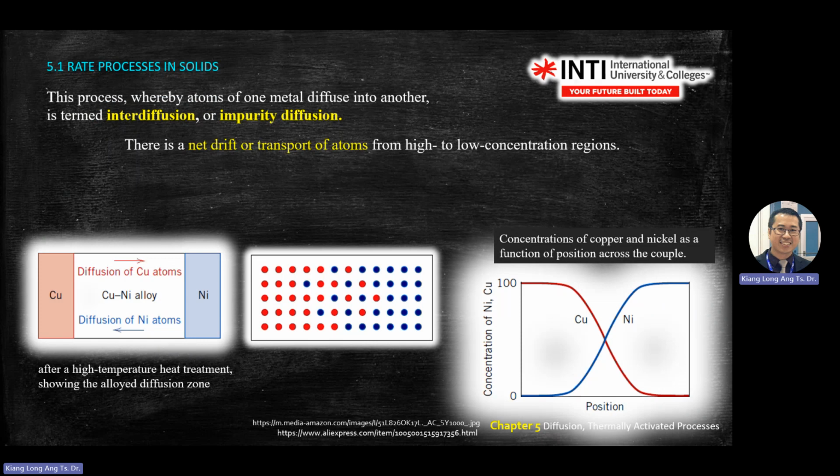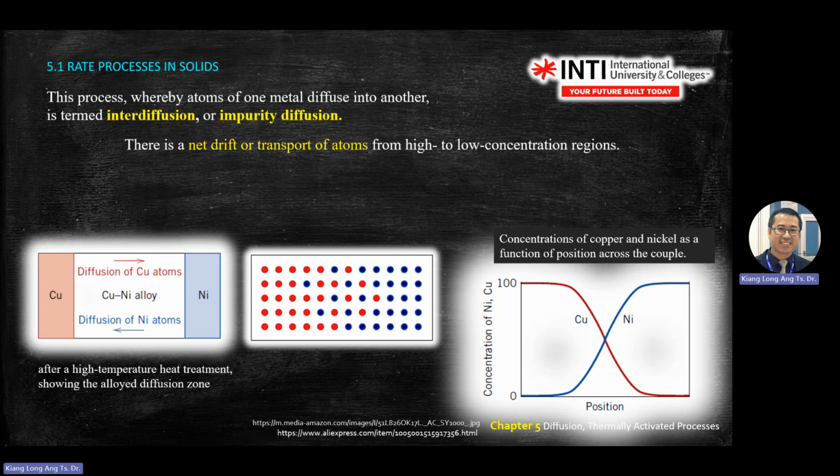So this process, where atoms of one metal diffuse into another, is called interdiffusion or impurity diffusion. If you have two elements that mix together and interchange location, you call it interdiffusion or impurity diffusion.